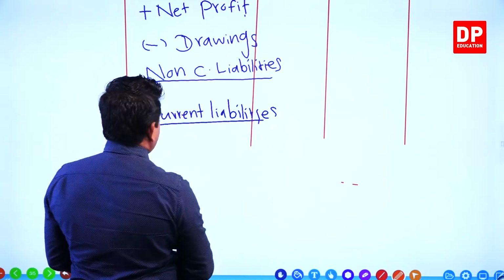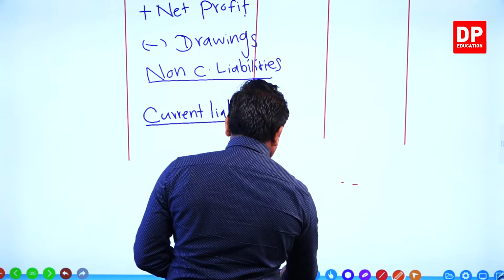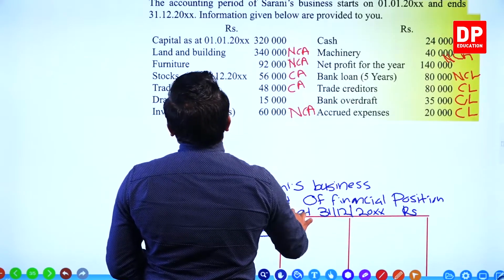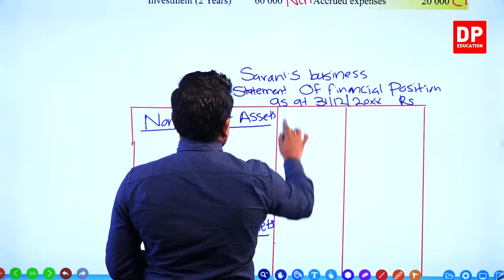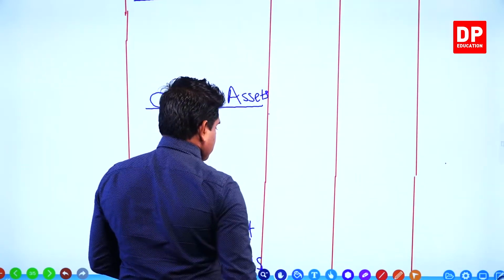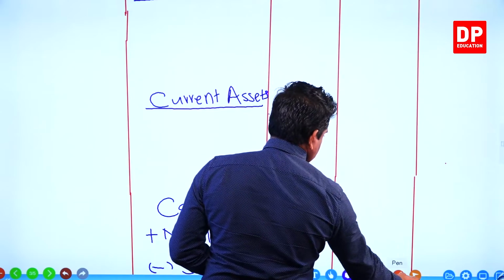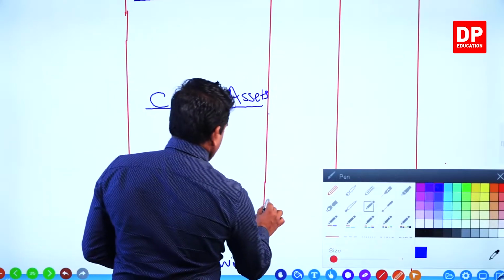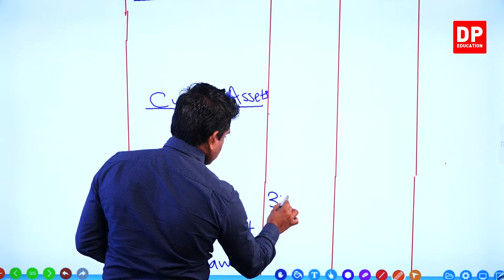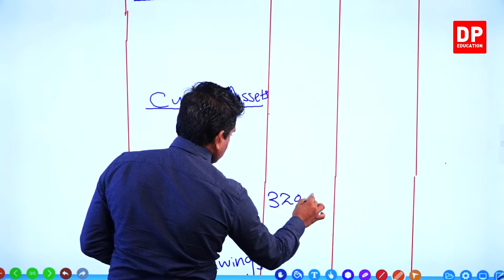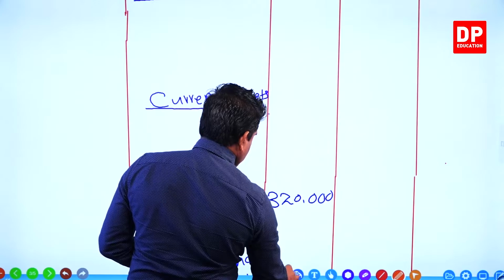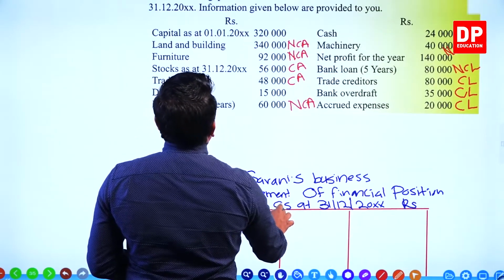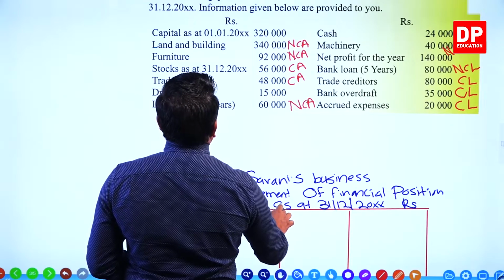Okay, right? Now you pick the details from the question. Capital 320,000. Next, land and building 340,000, furniture 92,000.